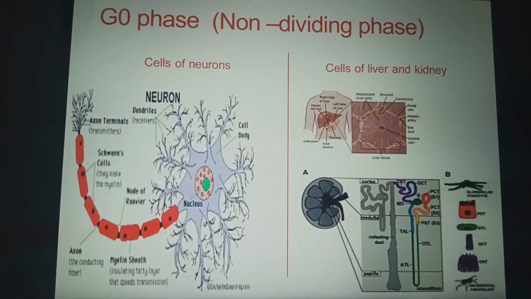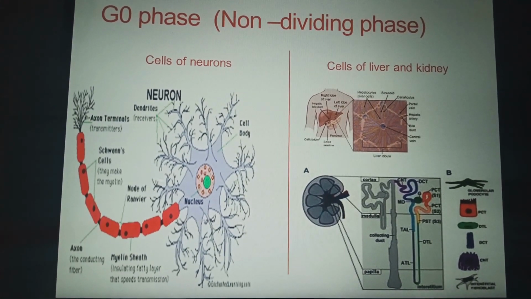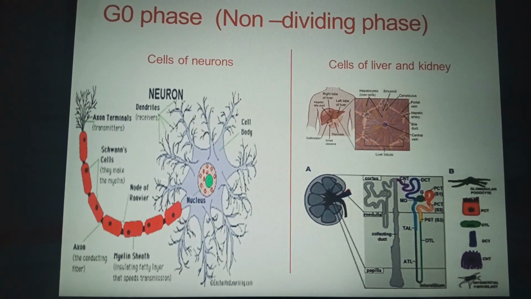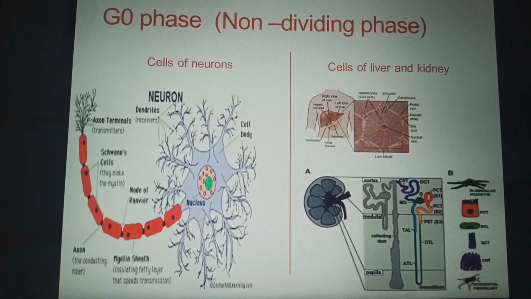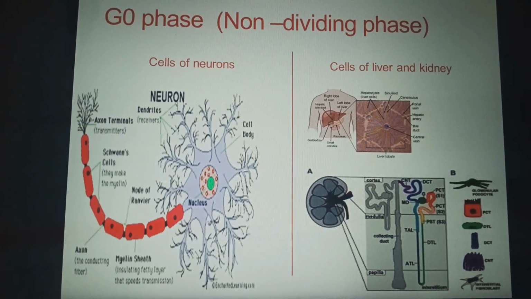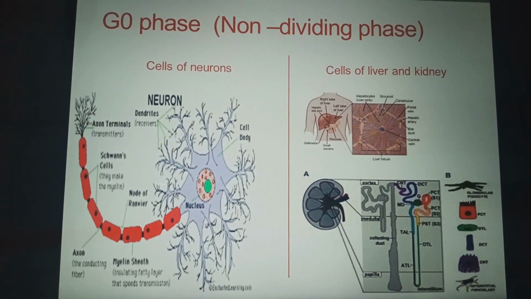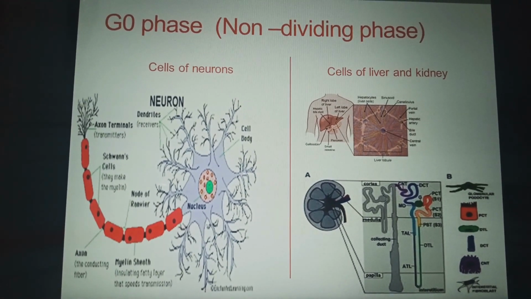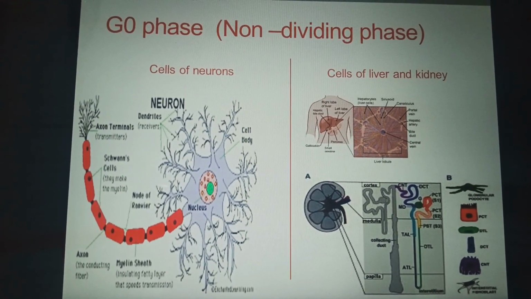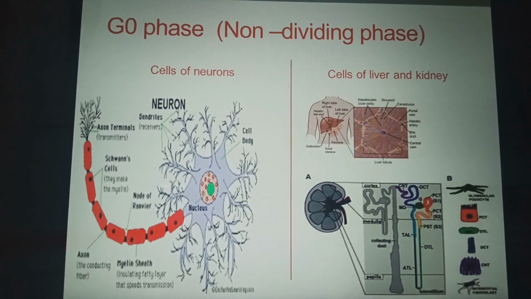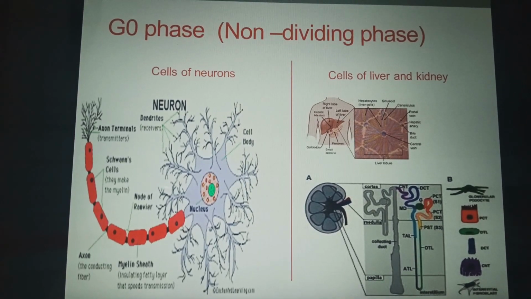Cells that have temporarily or permanently stopped dividing are said to have entered a state of quiescence called G0 phase, that is the non-dividing phase. In multicellular eukaryotes, cells enter G0 phase from G1 and stop dividing.